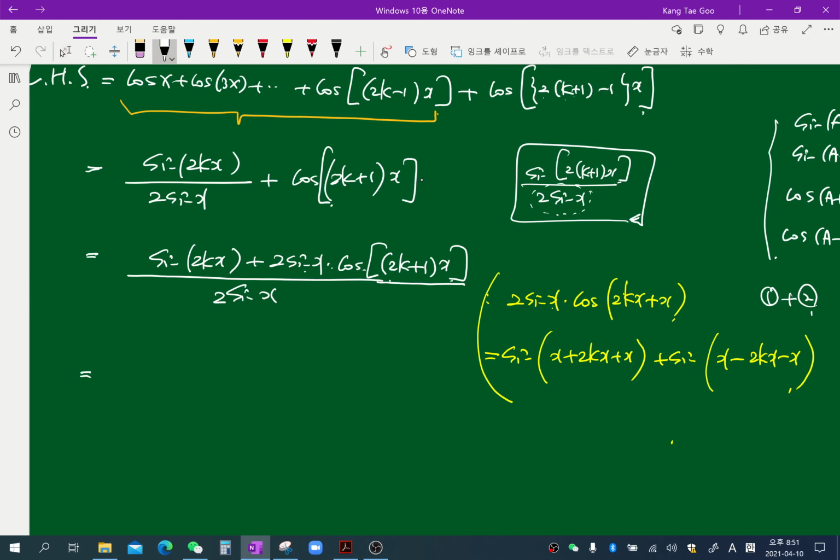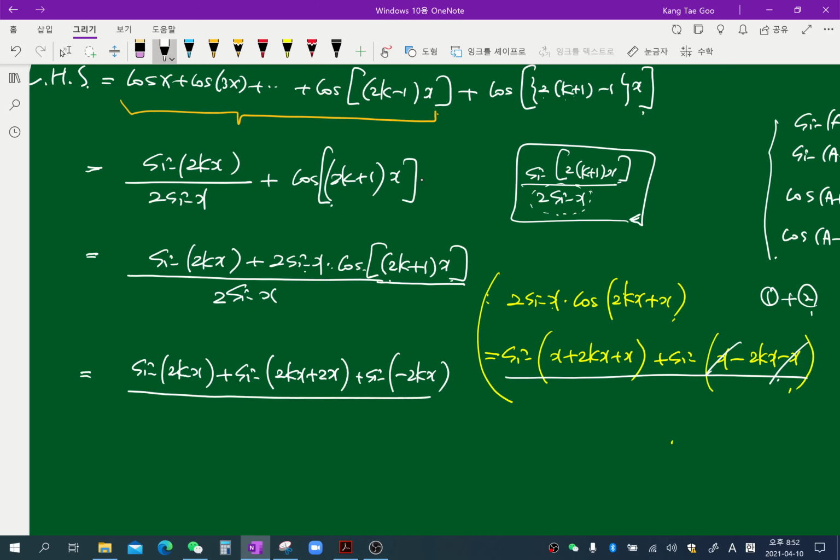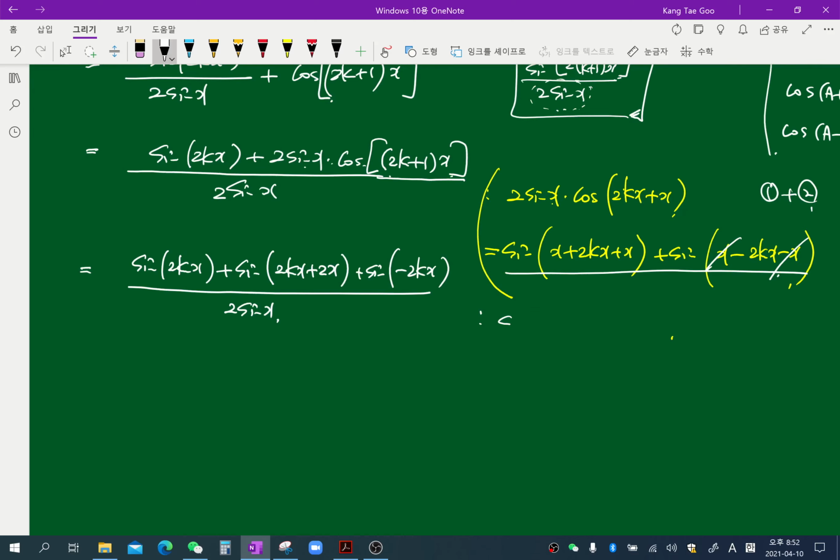Then your numerator goes to sine of 2kx. Then instead of this, I write this, which is sine of 2kx plus 2x plus sine of minus 2kx, because x and x are going away, over 2 sine x. And then the next identity I use is sine of minus a equals negative sine a, right? So that I convert this one into the minus.